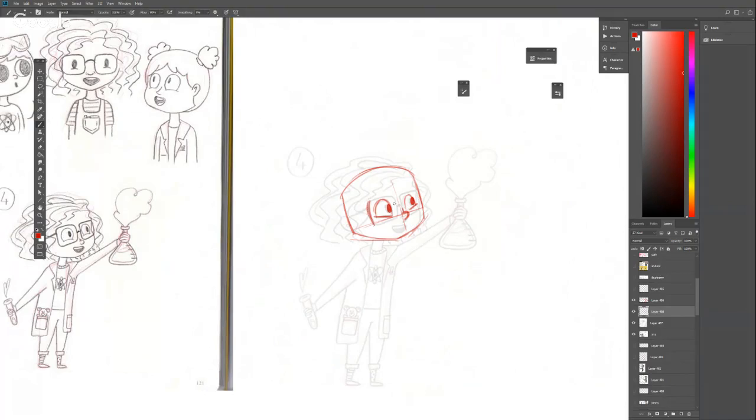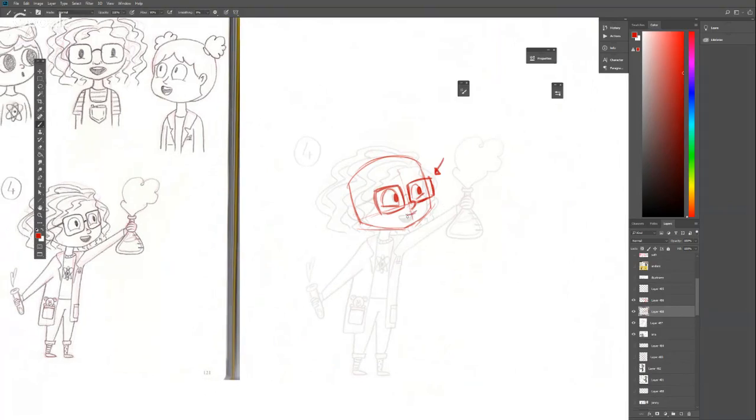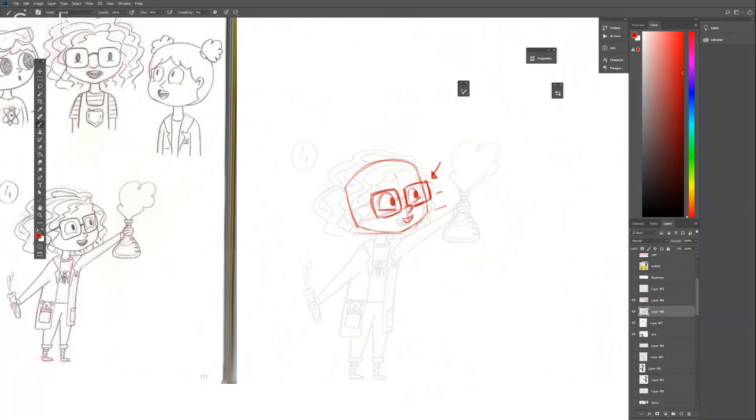And then get those glasses, maybe stick them out a bit so you have some depth. And then we have this mouth. And what I like is that here she has a bit of space. So then think of where the hair is.